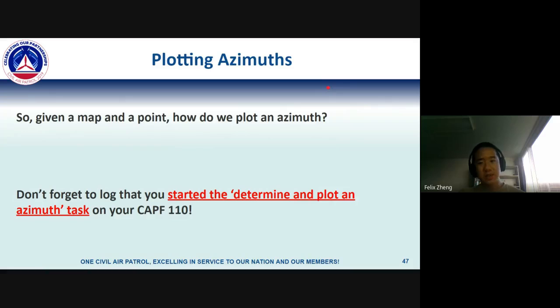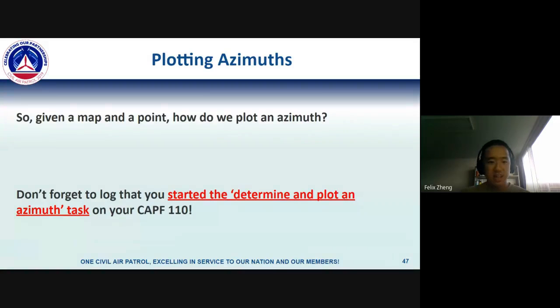All right, now we are going to move into the task for plotting azimuths. Again, please log that you started the determine and plot an azimuth task. The goal of this task is, given a map and a point, how do we plot an azimuth? As a reminder, an azimuth is basically a heading.